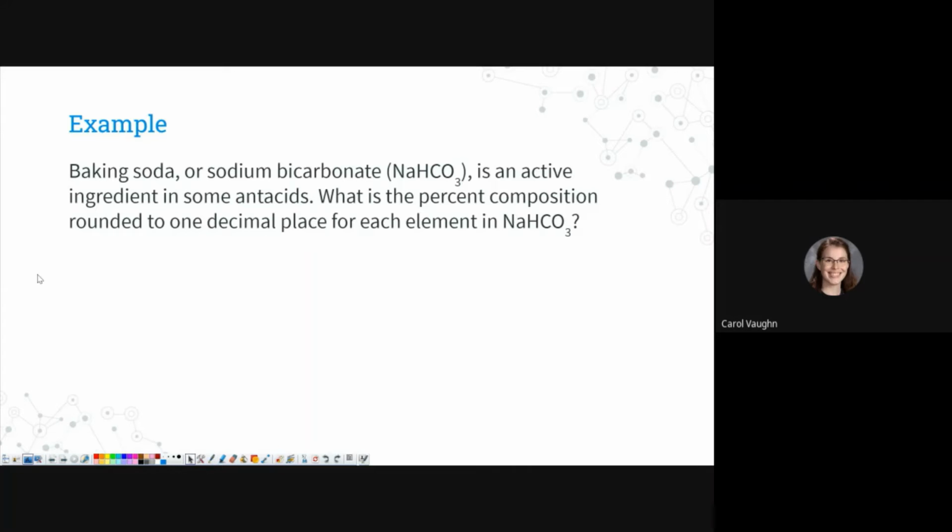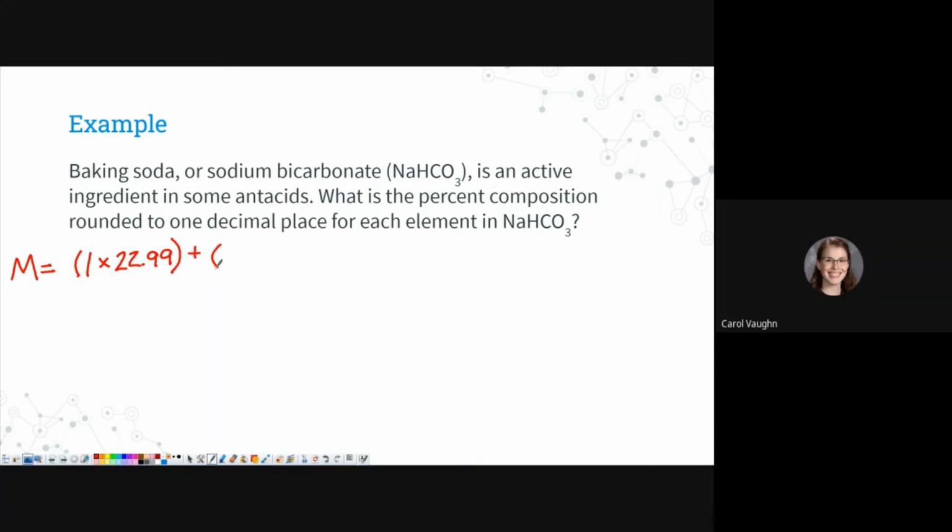So the molar mass of sodium bicarbonate is going to be equal to how many sodiums are in this compound? Sodium, Na. What subscript is after Na? None. So that means there is 1. My molar mass of sodium is 22.99.